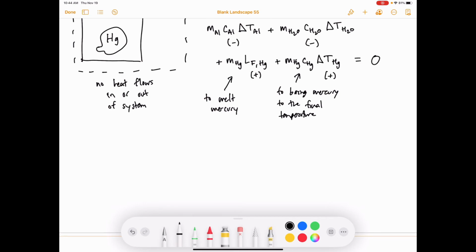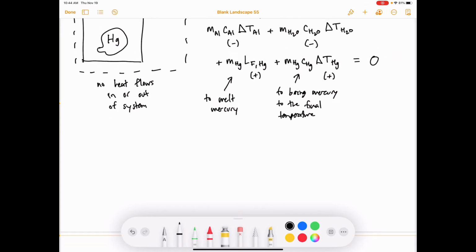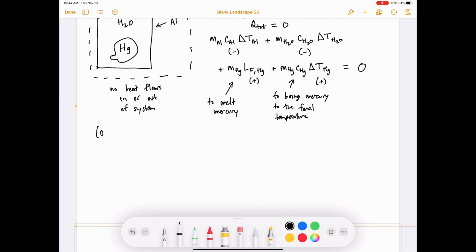So starting with the mass of the aluminum. The mass of the aluminum is 0.5 kilograms. The specific heat of the aluminum is 900 joules per kilogram per degree Celsius. And then the temperature change of the aluminum is this. We have T final minus T initial.